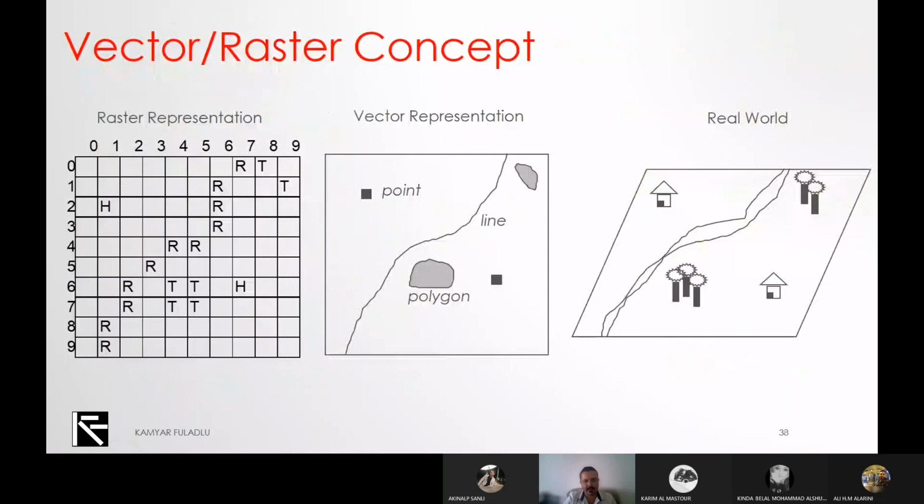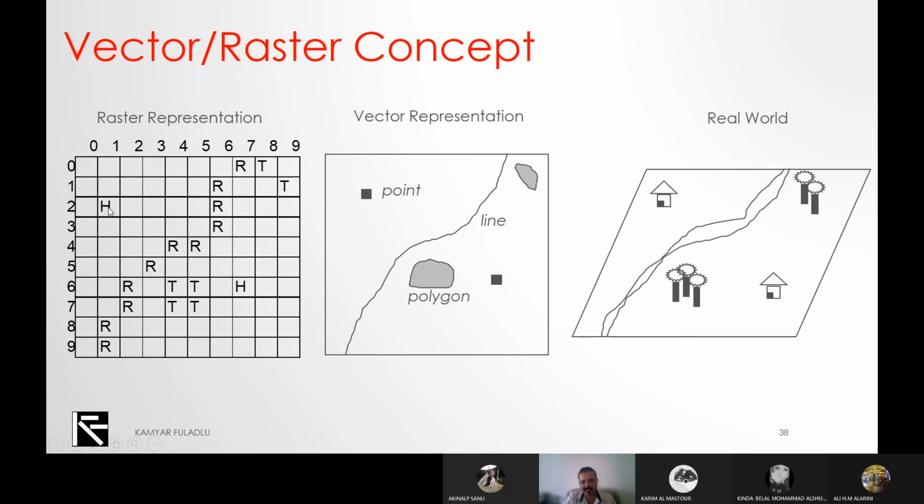And last thing, almost we are coming to the end of the lecture. As I said, these are the vector and raster representations. Imagine we want to show in the same size, these are the pixels, as I said, from 0 to 9 rows and 0 to 9. We have 10 columns and 10 rows. For instance, if I want to show a single house, you need to use a point. But here you use the color of the house.